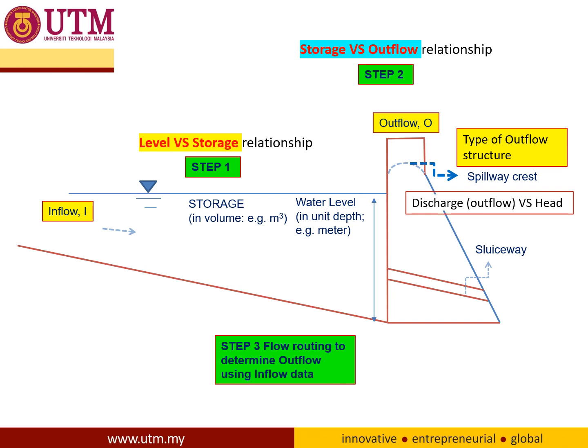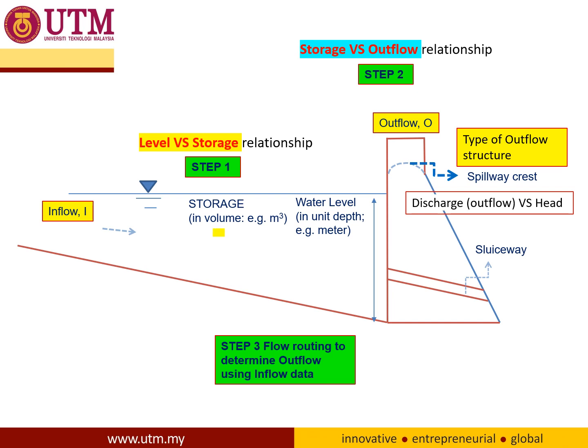Step 1, again, you want to find the level versus storage relationship. There is a formula for that, and you identify this relationship from the topographic information, the elevation information, the volume of water and the water level in unit depth.